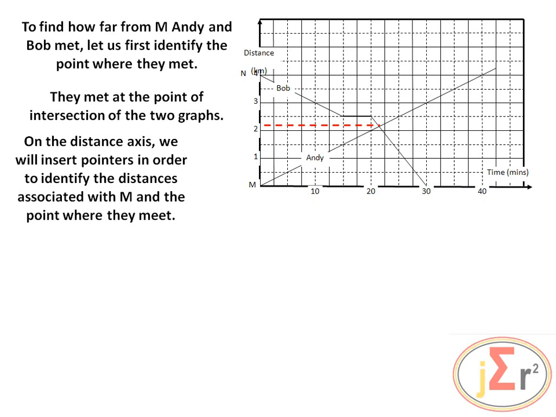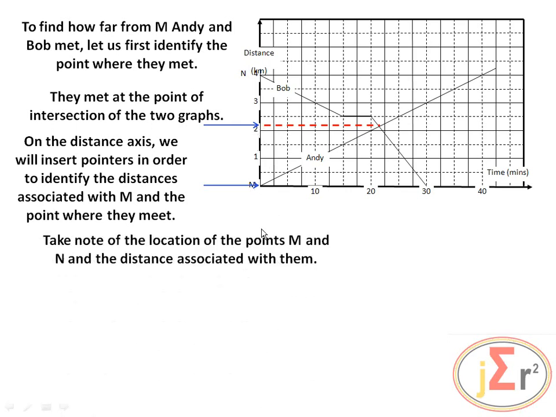So we are trying to find how far from M they meet. So put a pointer at M and another pointer at the level on the distance axis where they met.